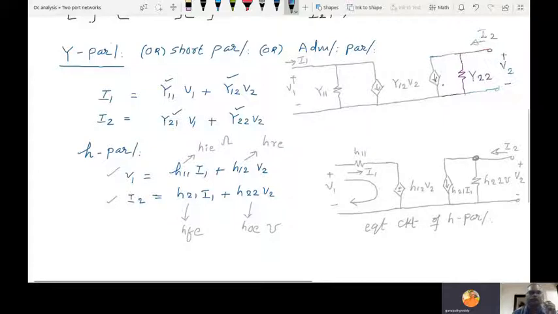This current is Y21 V1. So I2 is equal to Y21 V1 plus Y22 V2. So like this is the equivalent circuit of the Y parameters.